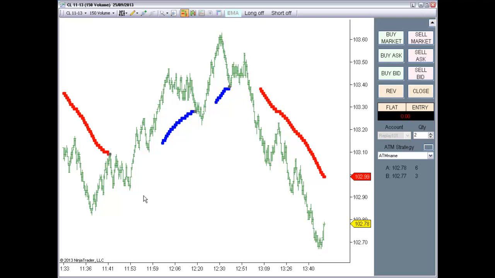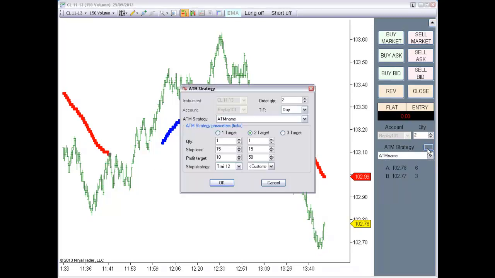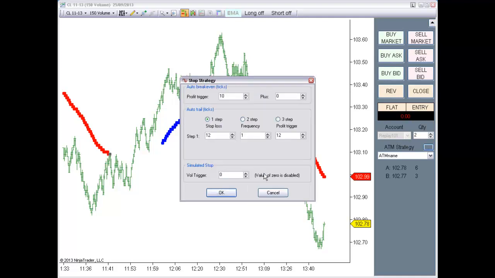For example, let's say we want to trade this ATM, which is using 15 ticks of stop, 10 ticks of target 1, and the second position has an auto break even. So when the first target is filled, it moves stop to break even, and then 2 ticks later, at 12 ticks, it starts a trailing stop of 12 ticks.